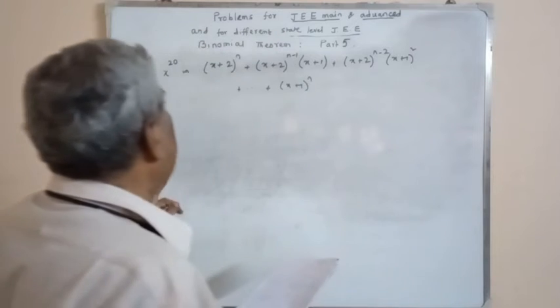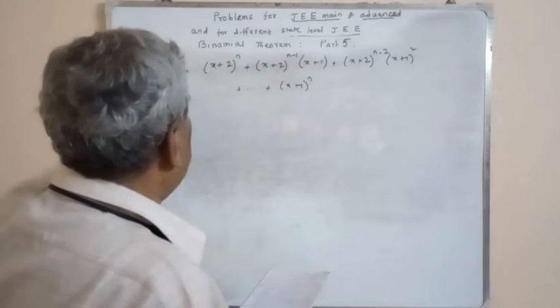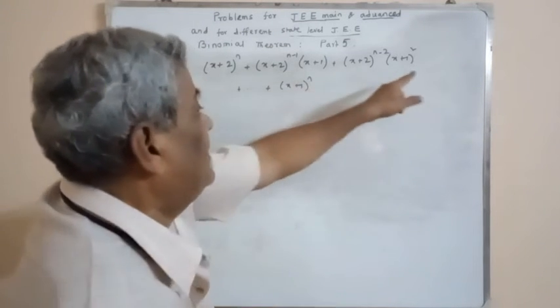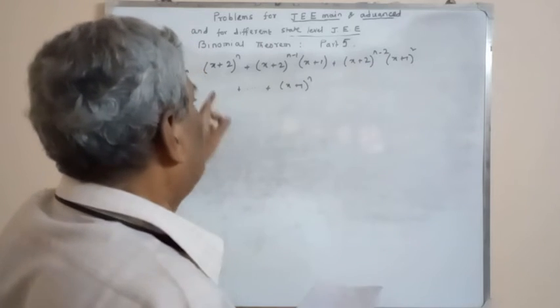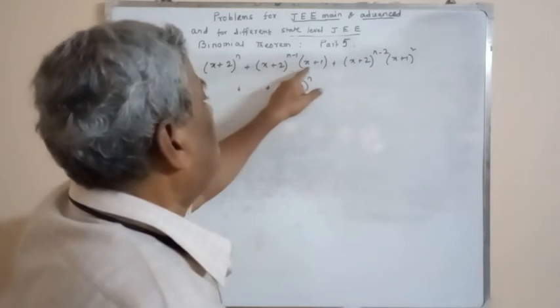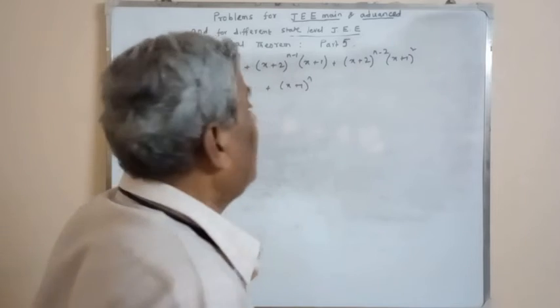In that problem we have to find the coefficient of x to the power 20 in that expression. This is a binomial, this is a product of two binomials, and so on.